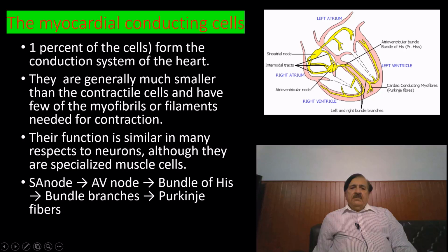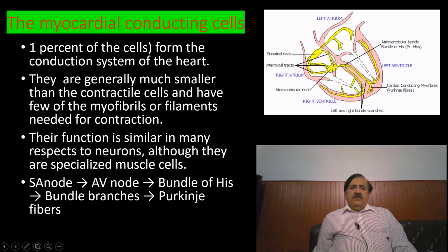The conduction in this system occurs in a pathway. First, from the SA node through the internodal pathway to the AV node, and from the AV node to the bundle of His. From the bundle of His, the current is passed to the bundle branches and then to the Purkinje fibers.